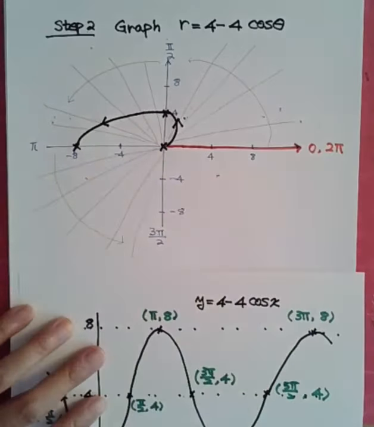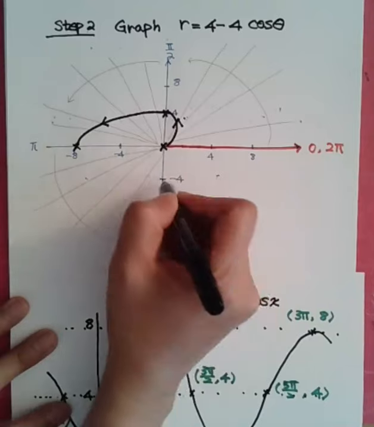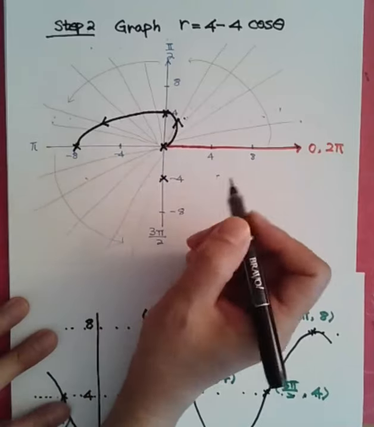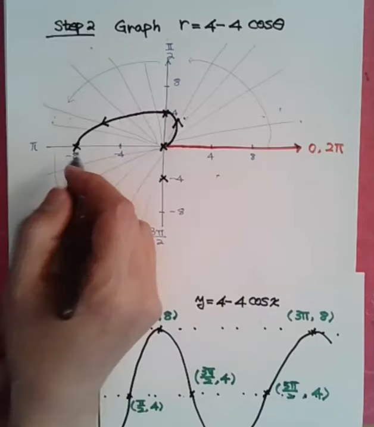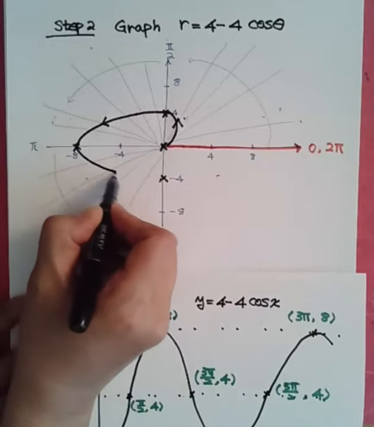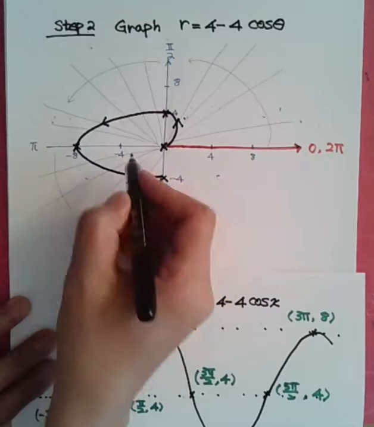But when angle increases, the distance between the origin and those angles will decrease to 4. So when the angle is 3 pi over 2, we end up being here, and we go this direction.